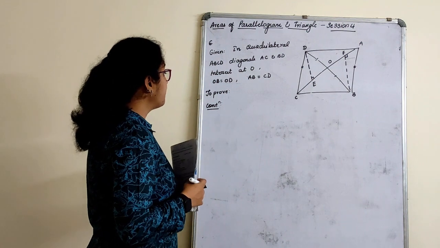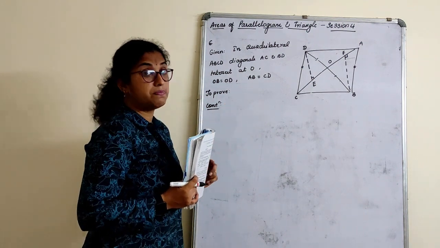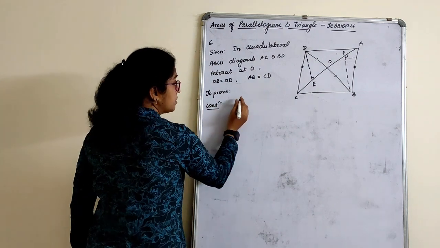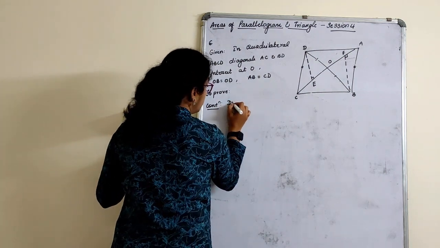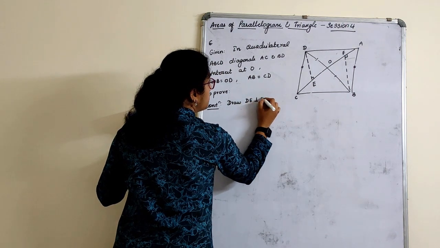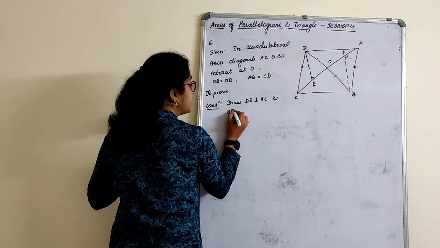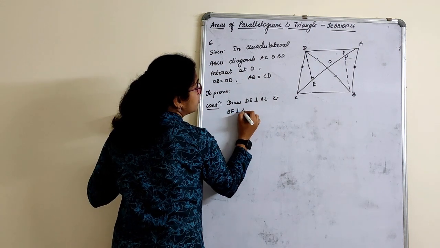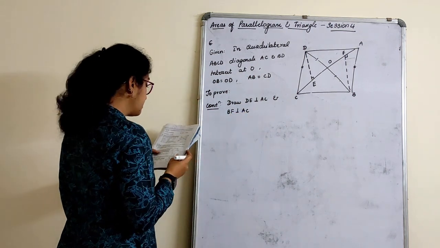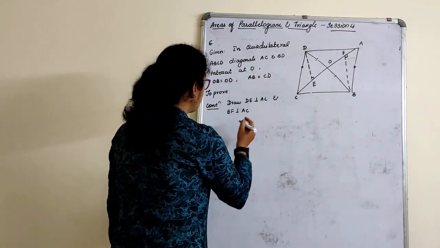First of all, our aim is not proving areas, our aim is to prove that it is a parallelogram. So the construction we will write: draw DE perpendicular to AC and BF perpendicular to AC. Since they are perpendiculars, the height is equal.